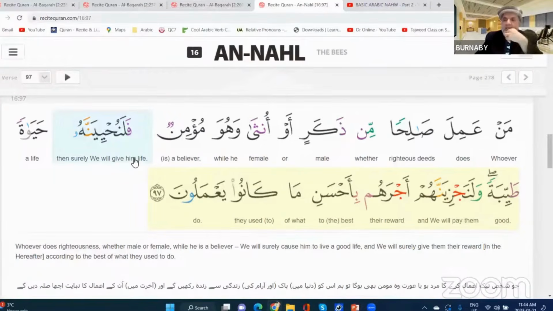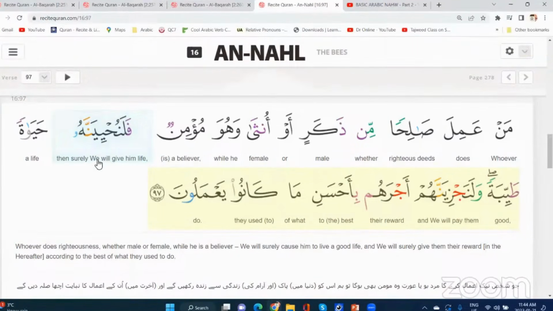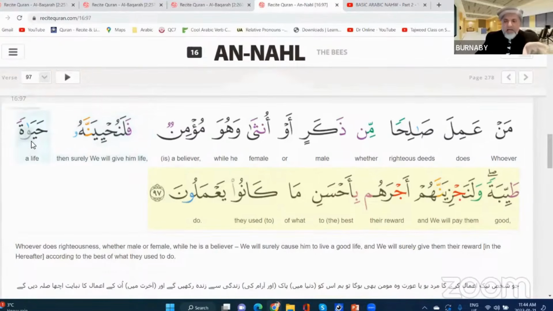Give him, as again the dominant noun or pronoun in the Arabic language is the male. Now this over here, see this "hu" here is "him", and this "fala nuh" is the "we". The noon here is "we". So we will give them, both male and female, hayatan tayyiba, a good life.